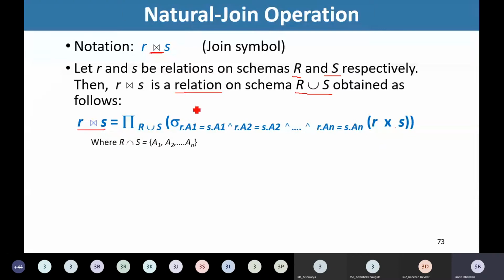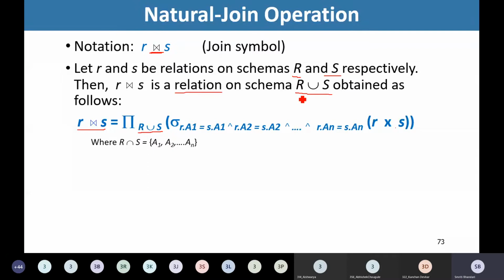As we have stated, this natural join operation has the schema R union S. We define this operation as the project operation with R union S. So R union S will provide us the list of attributes.